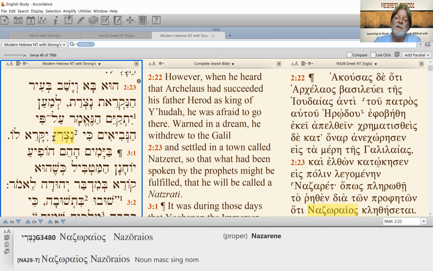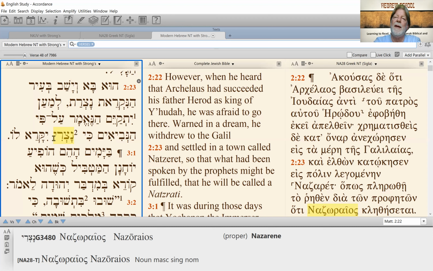Now, the interesting thing is that Matthew says that the prophets had spoken about this. But if you look in the Old Testament, you can't find the name of the city of Nazareth anywhere. But you can find a reference, in fact, many references, to a branch group.